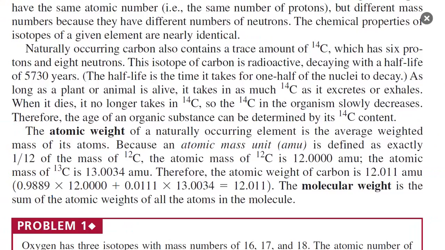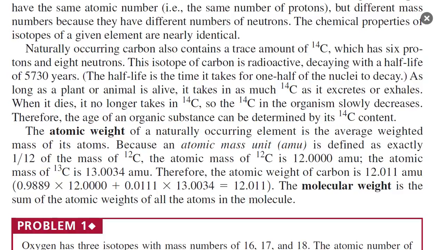These are the lighter guys, and the percentage is like that. They are 98%. So if you want to multiply them, we multiply them with 12. These heavier guys, 13.034. Heavier guys, these are like that. And then you're going to add, and this is going to be 12.011.